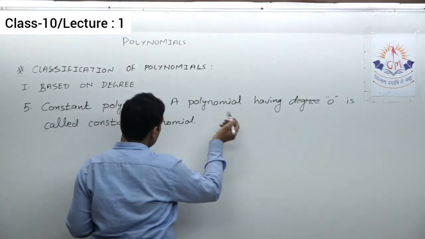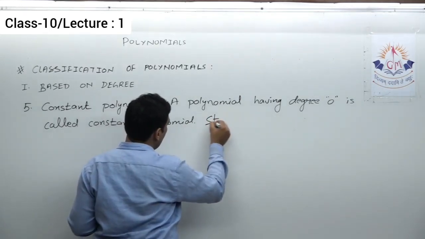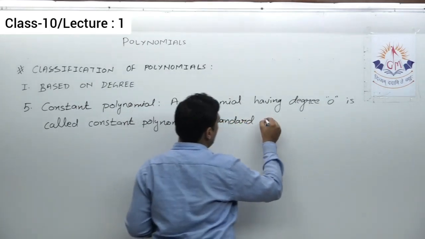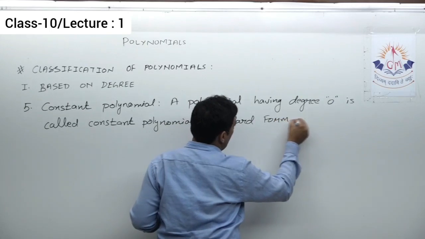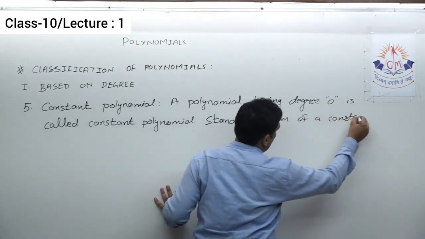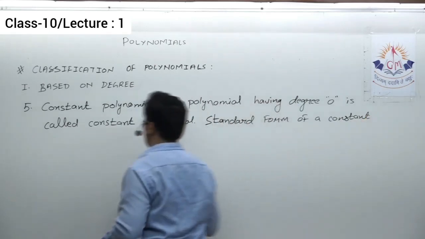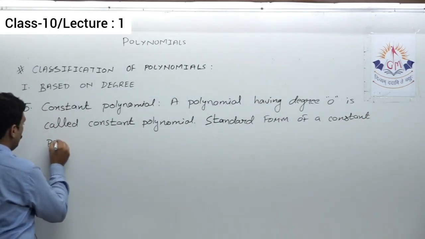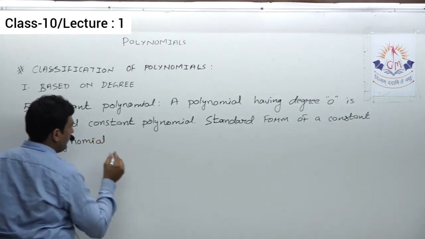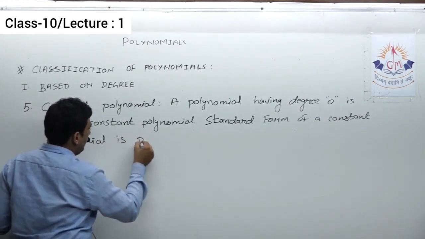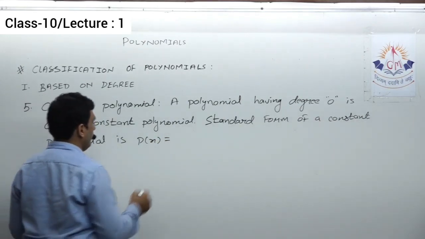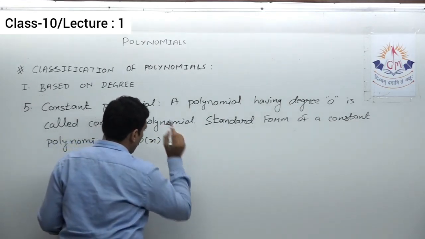Okay, so the standard form of a constant polynomial is p(x) = a.